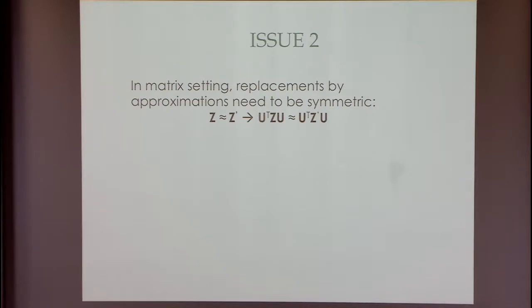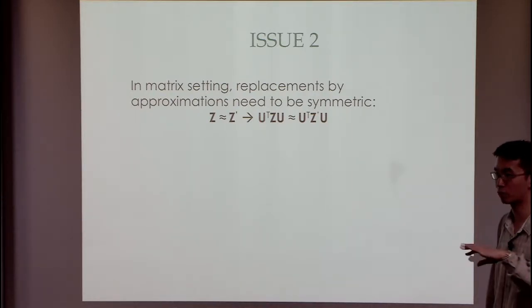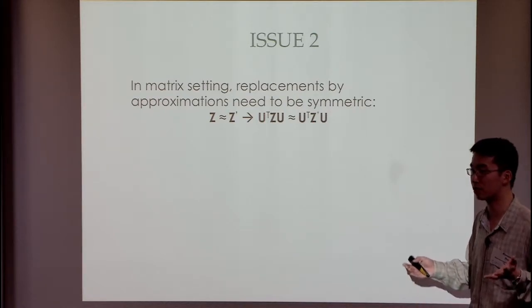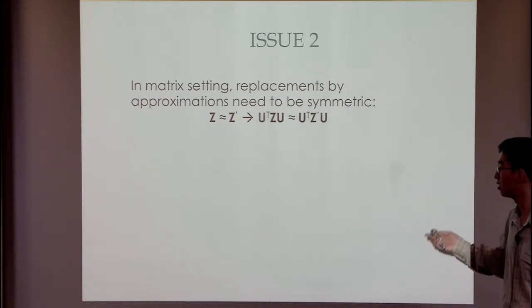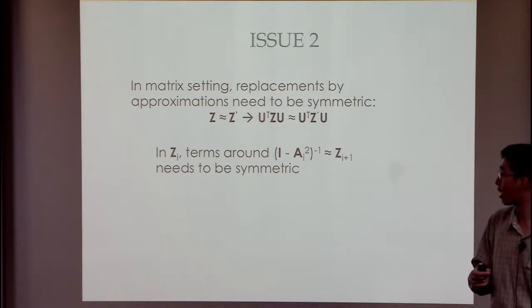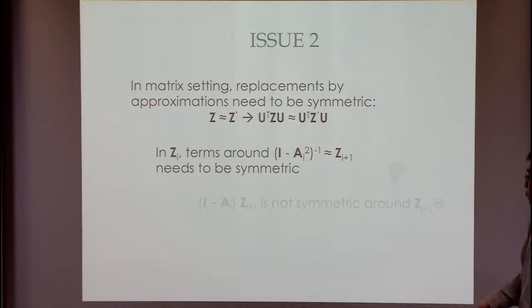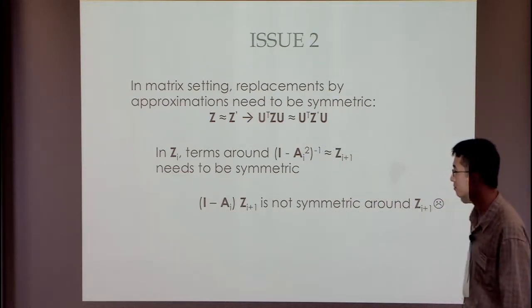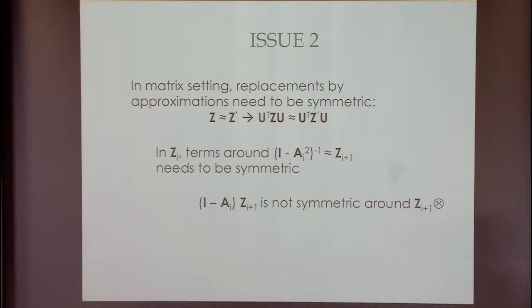Another way to think about it is that whatever operation I write around Z, the term needs to read the same forwards and backwards. So this works when using Z_{i+1} at most once. But the operation that I wrote down earlier, which is (I minus A_i) times Z_{i+1}, is not symmetric around the operator. Clearly I have one term on one side, nothing on the other side.